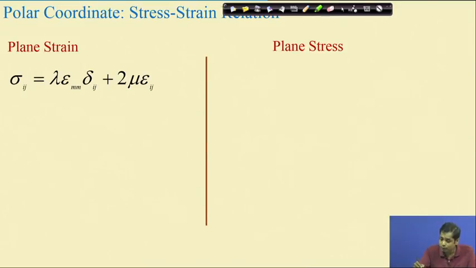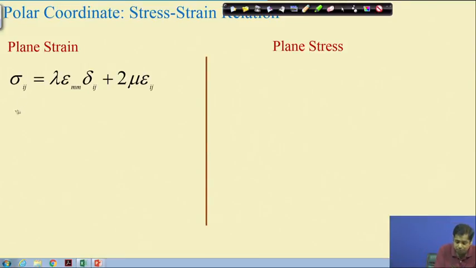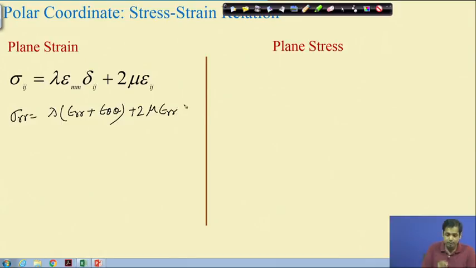Suppose we want to find sigma r in the r direction. Sigma r will be lambda into epsilon r plus epsilon theta, plus 2 mu epsilon r. So, this will be the sigma r component. Similarly, we can substitute r and theta in place of i and j to get the other stress components as well.